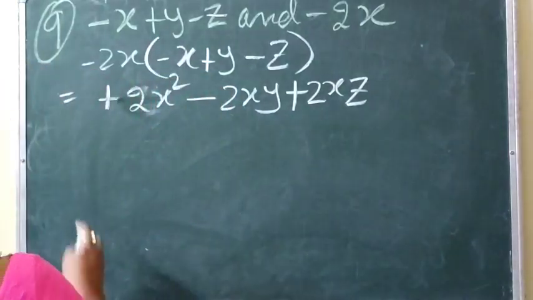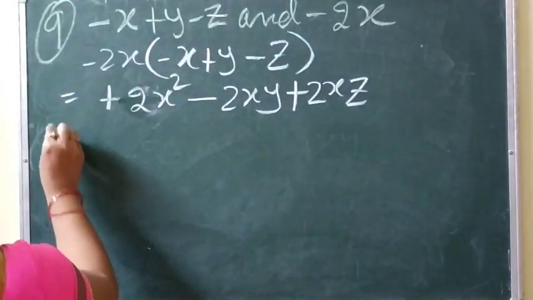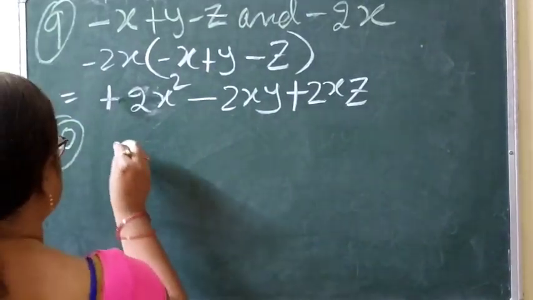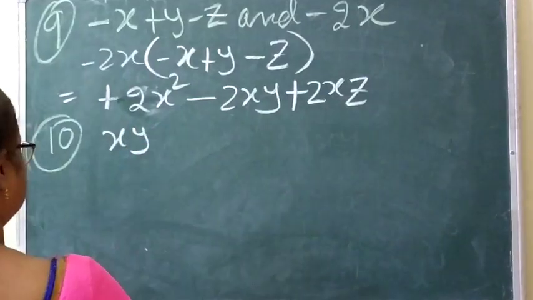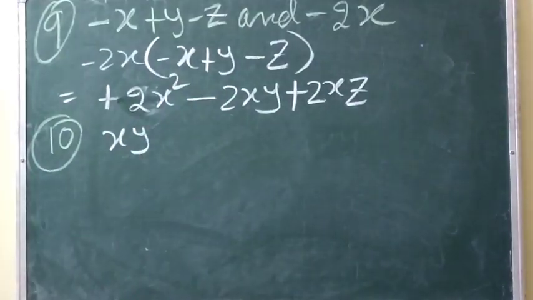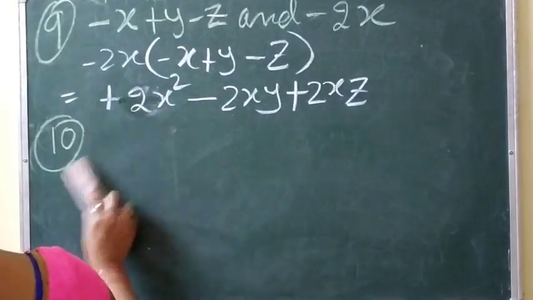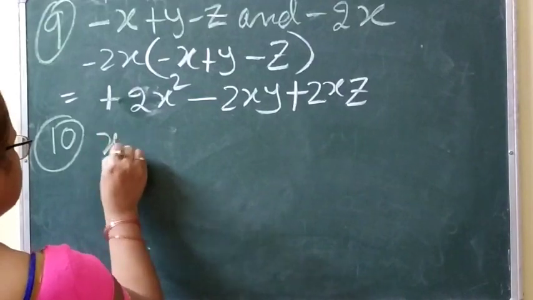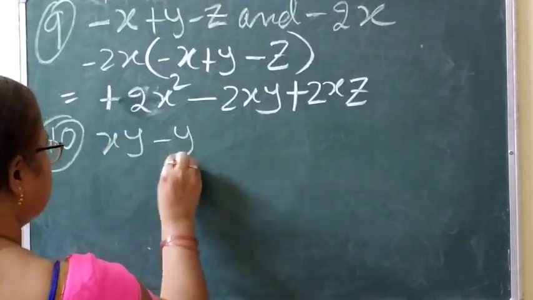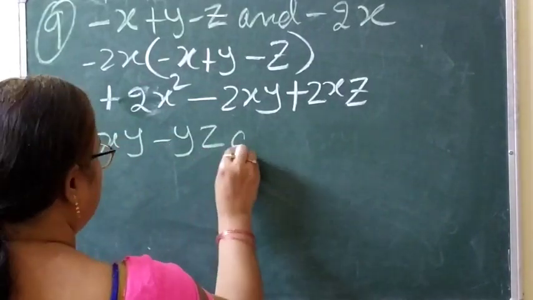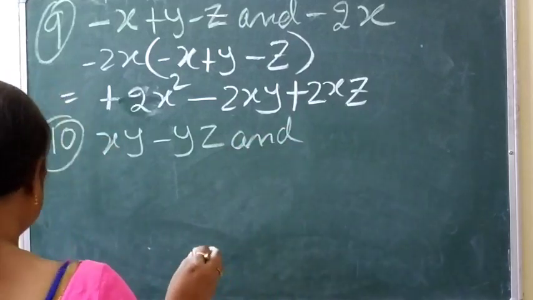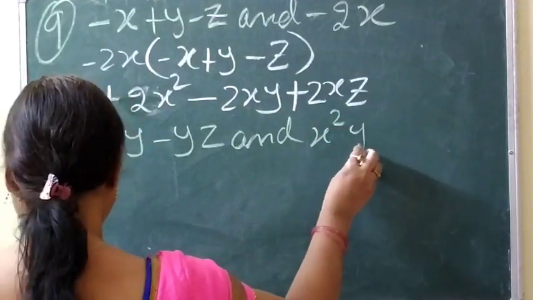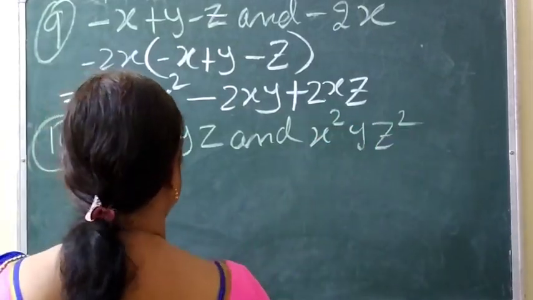Now next question number 10. Question number 10 is xy minus yz, and you have to multiply this with x square y and z square. Clear?